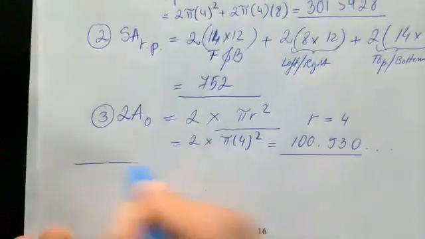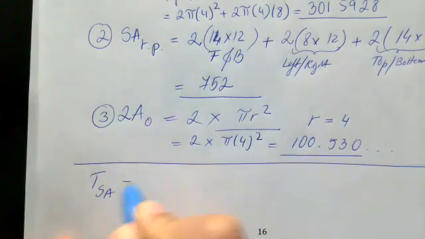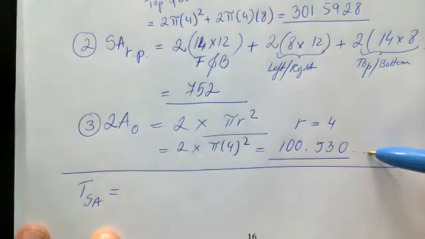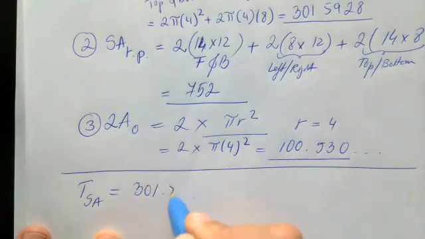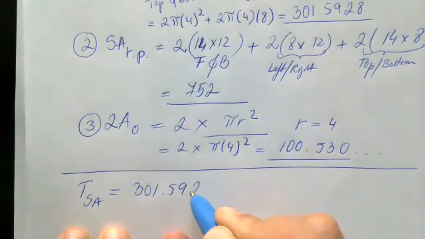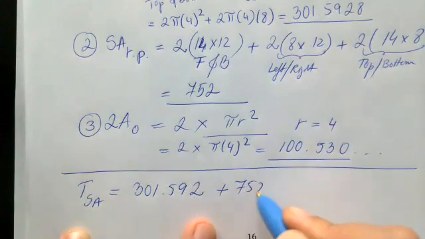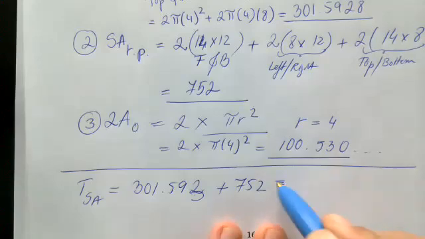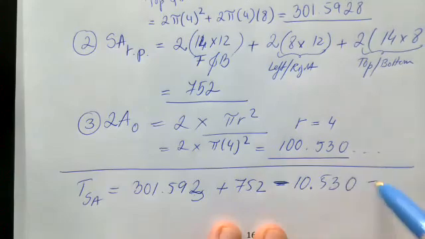So now we're going to put it all together. Remember the plan. Total surface area is add the first 2, subtract the overlaps. So we're going to add 301.592, we're going to add 752, and then minus the 100.530.